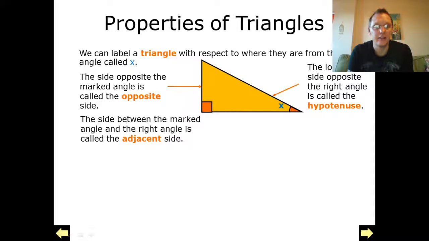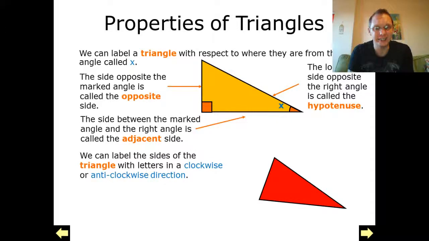And at the bottom, we've got our adjacent, which is our line just right next to our angle, which is what adjacent means. It means right next to. Now, especially when we are talking about trigonometry, we are going to be using these properties just here.